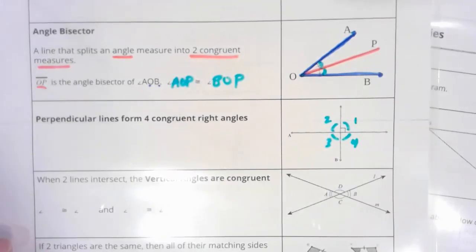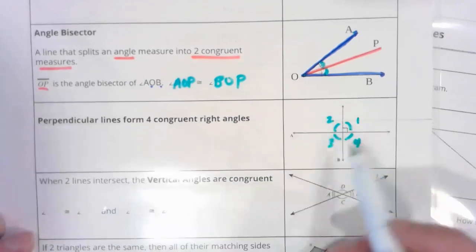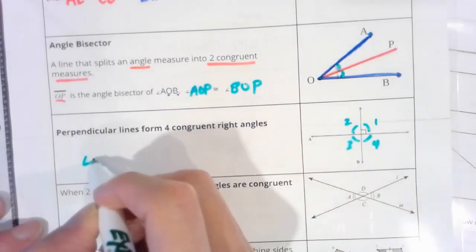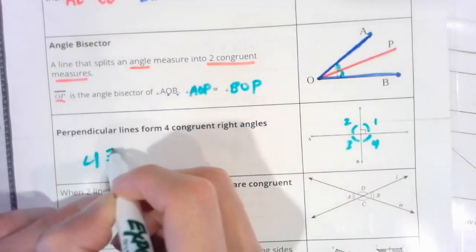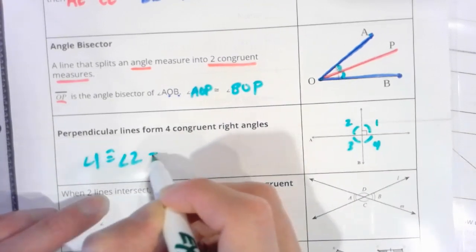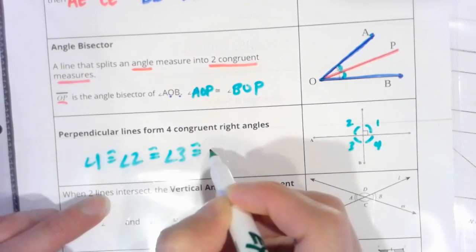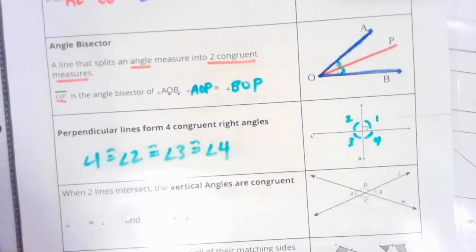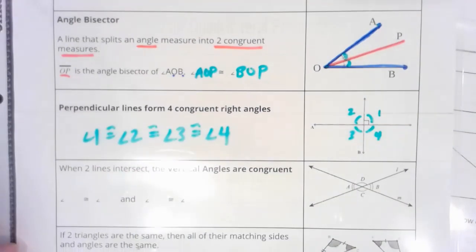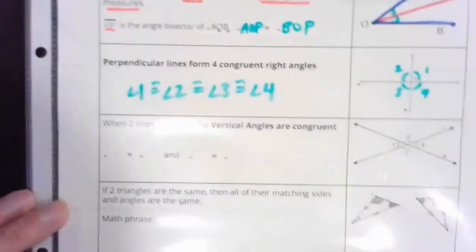And they're all going to be right angles. So if these are perpendicular, I can conclude that angle 1 would be congruent to angle 2, which would be congruent to angle 3, which would also be congruent to angle 4. All four of those are congruent.